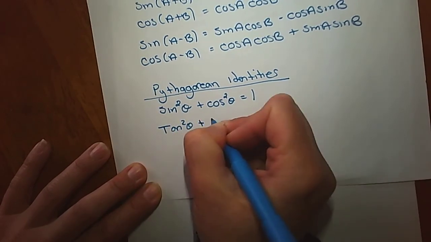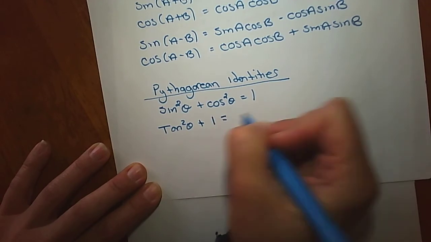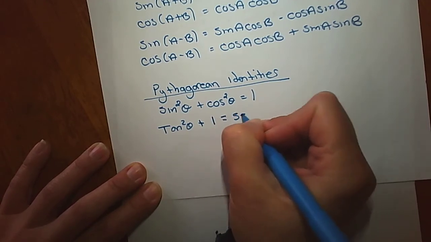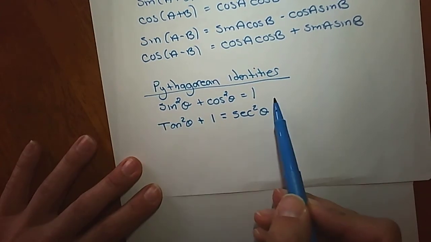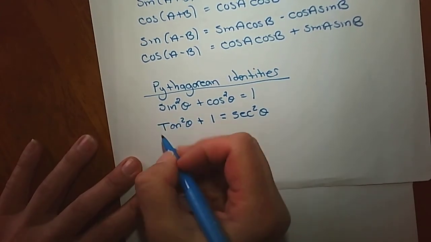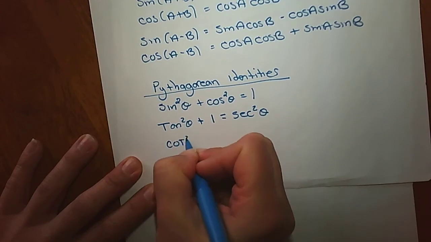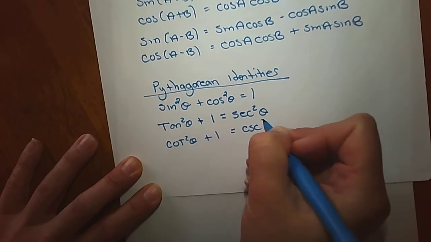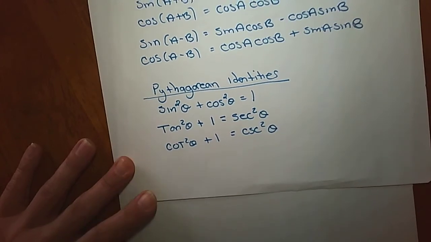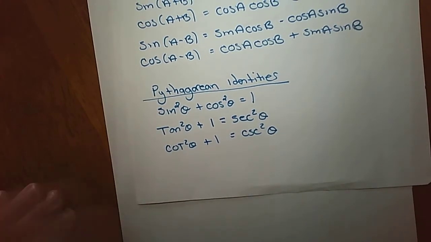Cos squared divided by cos squared is 1. And 1 over cos squared makes secant squared. And then I could divide it through by sine squared, and you end up with cotangent squared plus 1 equals cosecant squared. So these 3 are super important as well.